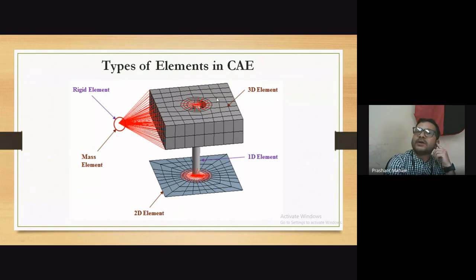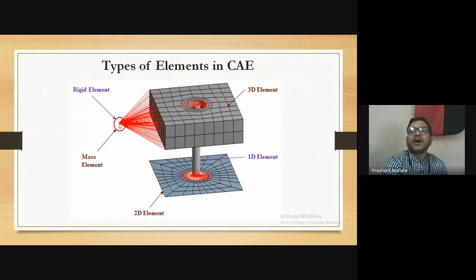So if this physical quantity is modeled inside the analysis, then the part at the bottom you can see is a plane surface. Therefore, a 2D element can be preferred for that. For the part which is holding that solid part, a 1D element can be preferred, whereas 3D can be preferred for the top part which is a solid, and a rigid case can be considered for this part.